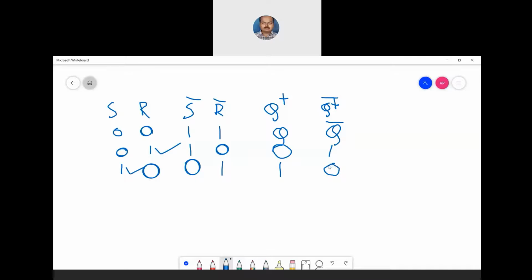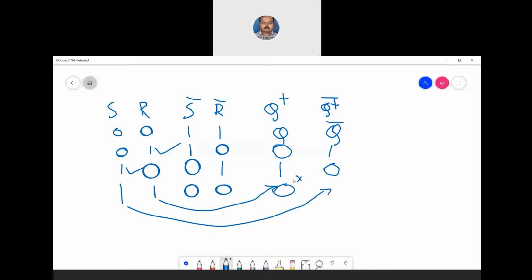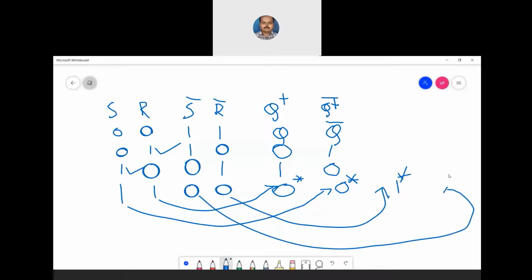So we have a function table written for both the SR latch and the S bar R bar latch. For the forbidden input, 1 1 in the SR latch and 0 0 in the S bar R bar latch, as I said, for this one we write it as 0 star, but for this one we write 1 star.